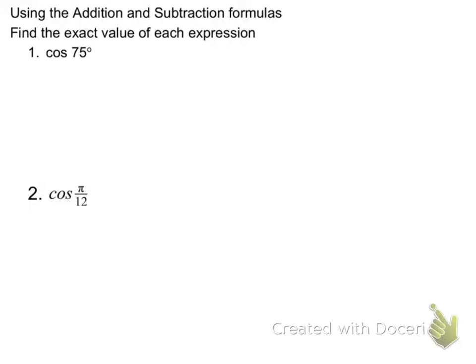Now, the idea here is that I want to find the exact value. Every one of us could take our calculator out, put cosine of 75 degrees, and it'll spit out a decimal answer. Yay, we got an answer. But that's an approximation. We should know that not every trig value comes out to be like a 1 or a 1/2 or a 0, right?